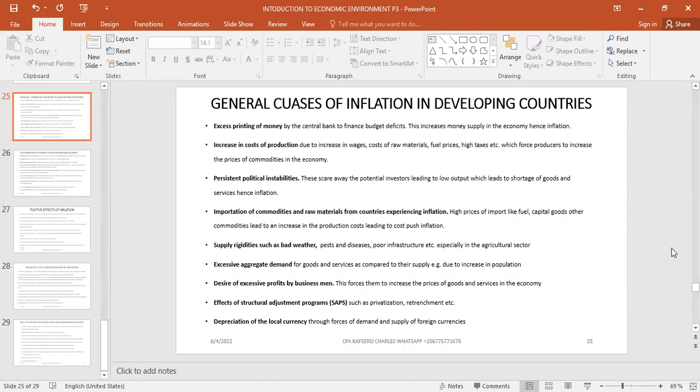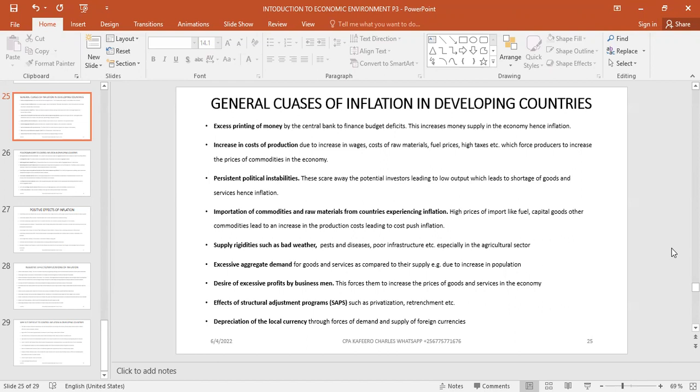Here we are talking about the causes. That is the increase in money supply. Increase in the cost of production, that is cost-push inflation. Persistent political instability, that one is understandable, because when there is political instability, you expect supply rigidities.